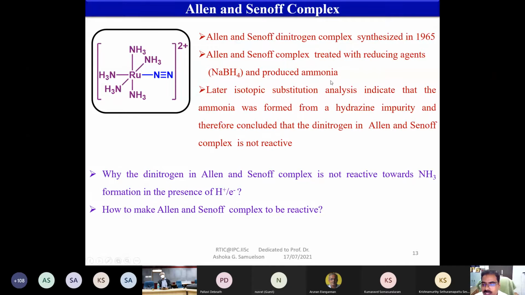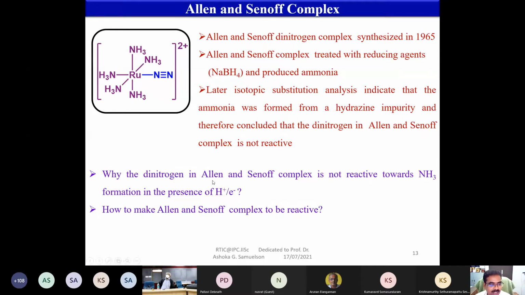And therefore, in the corrigendum, they mentioned that dinitrogen in this complex is really not reactive, and only the hydrazine impurity underwent reduction in the presence of sodium borohydride and produced ammonia. This hydrazine they used to make dinitrogen in situ. That means oxidation of hydrazine can produce dinitrogen in situ, and that dinitrogen can form a complex with ruthenium. That is the story about that. I am not going to give much introduction here because of the lack of time.